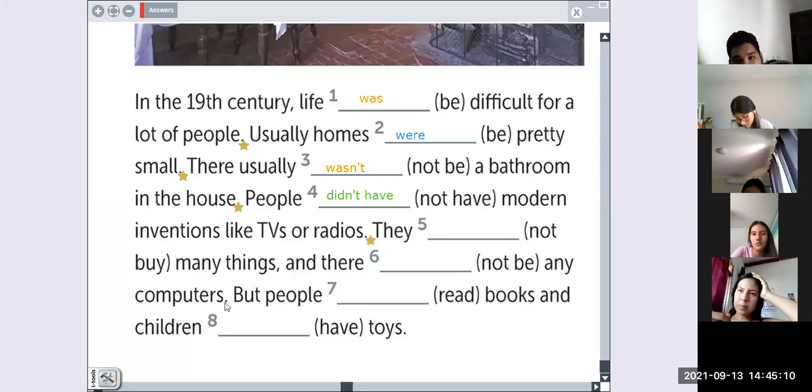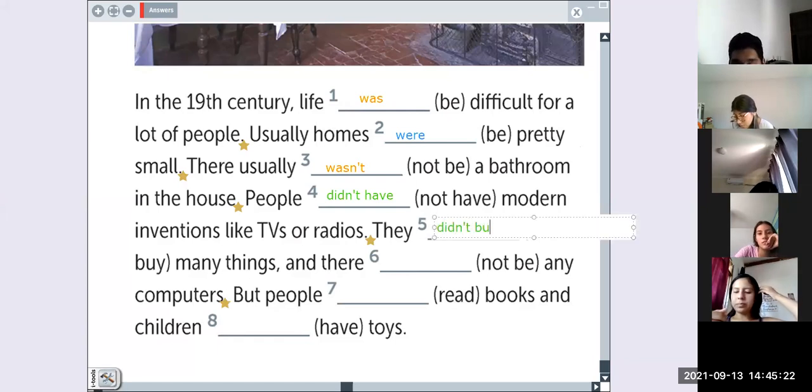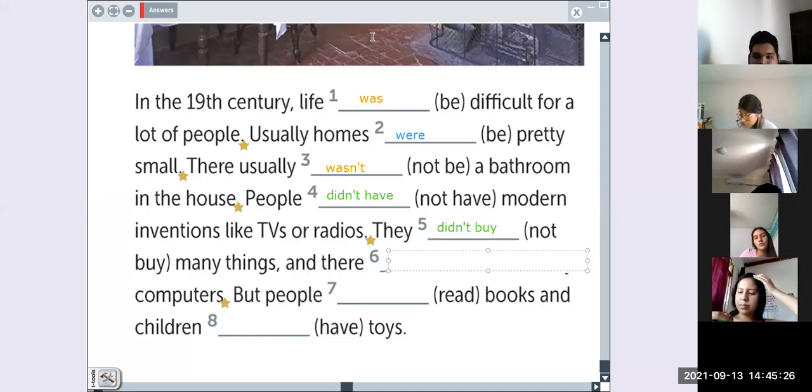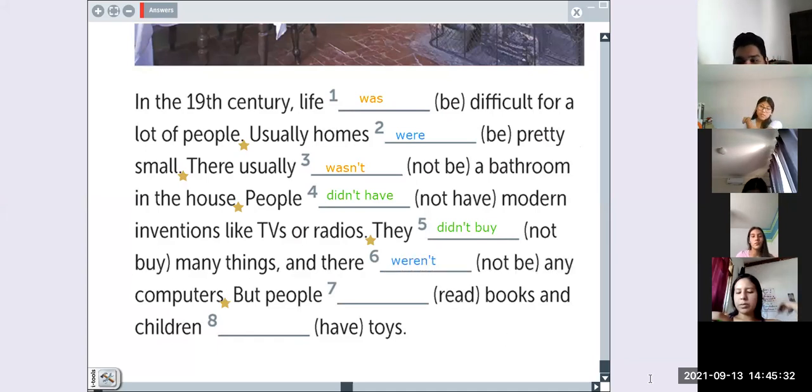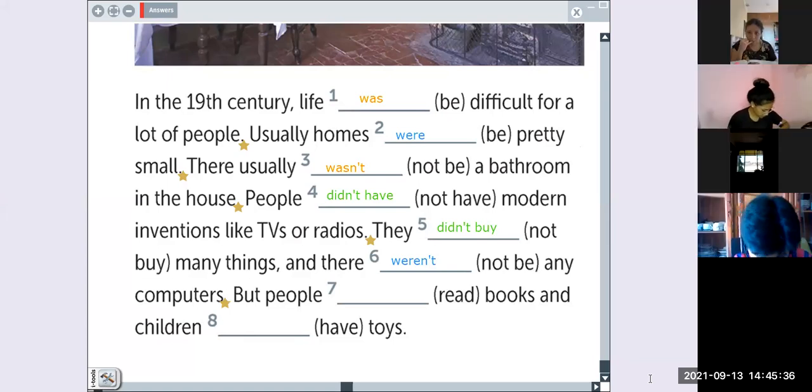I want you to read until computers. They didn't buy many things and there weren't any computers. Very good. Let's go with the next one, please.